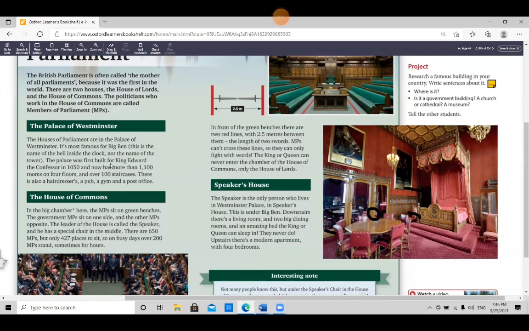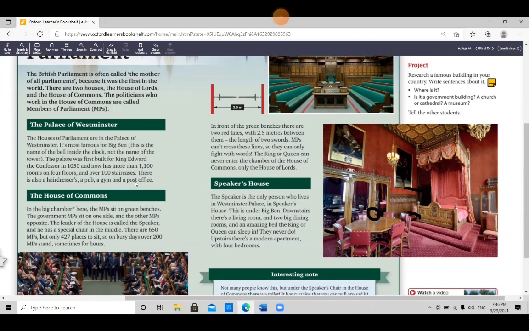The palace was first built for King Edward the Confessor in 1050 and now has more than 1,100 rooms on 4 floors and over 100 staircases. There is also a hairdresser's, so there is a shop for a hairdresser's, a pub, a gym, and a post office.